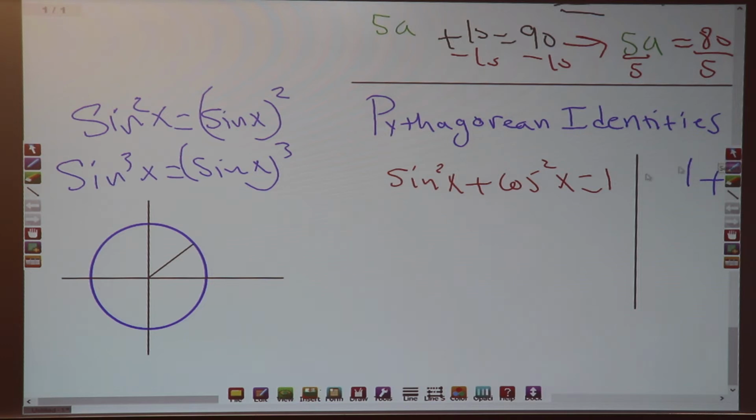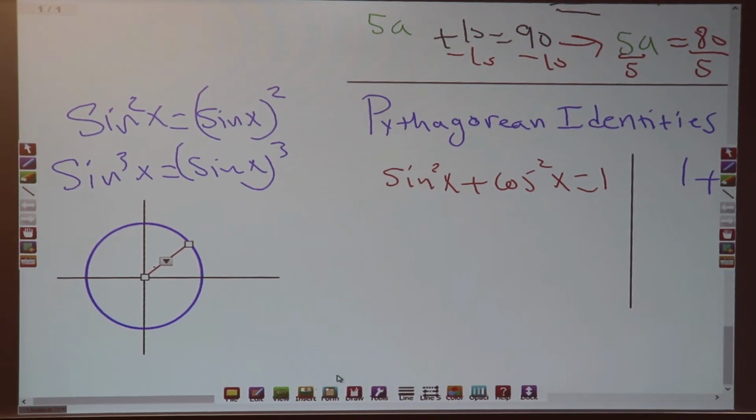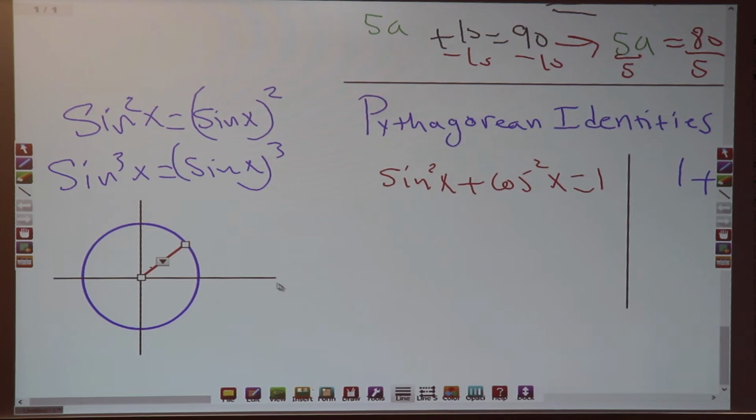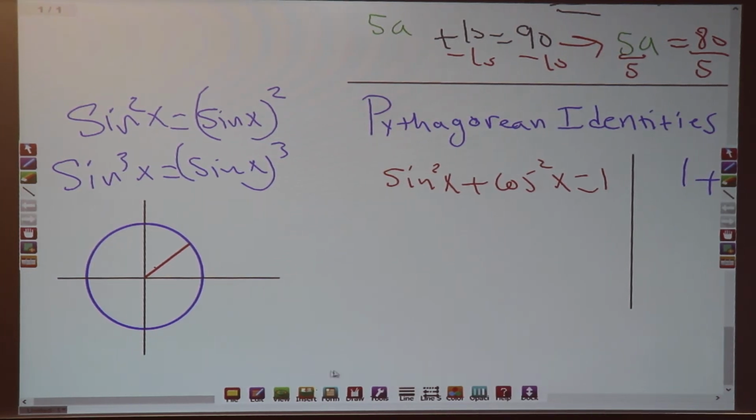I'm going to make it in a different color here. Red is good, and a little bold. And I'm going to take two lines, here and here, in this color.